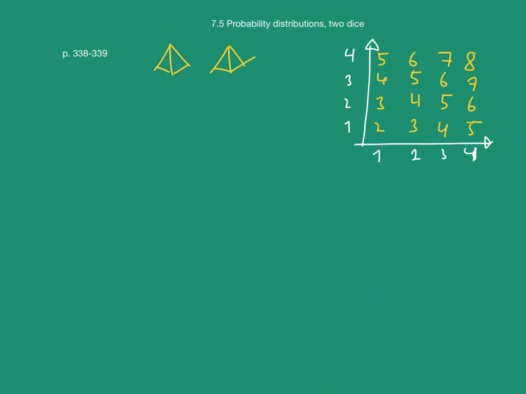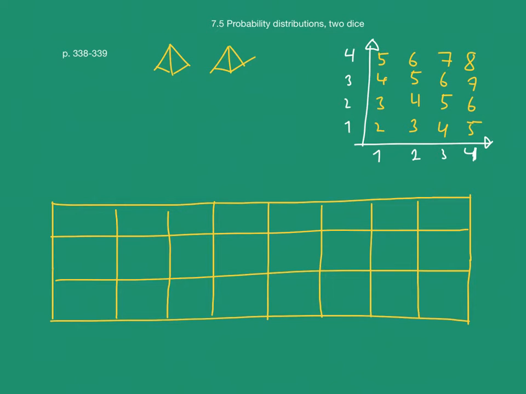And now we can set up a new distribution table. So starting with the possible values we can have, let's call it C this time. So they are 2, and 3, and 4, and 5, and 6, and 7, and 8. And in the next row, we write the probabilities that we want to find.